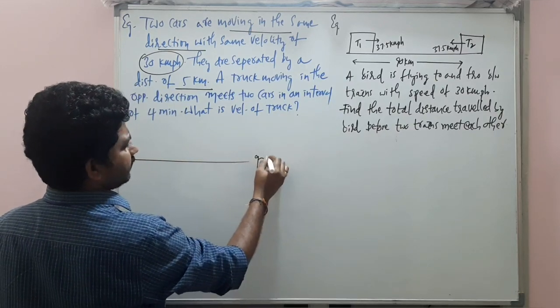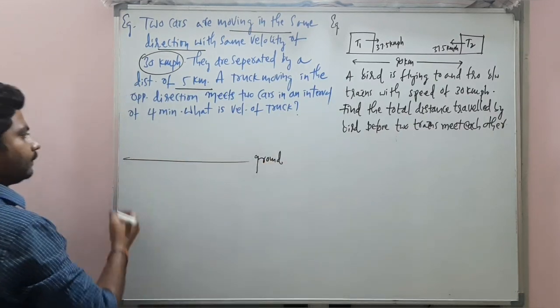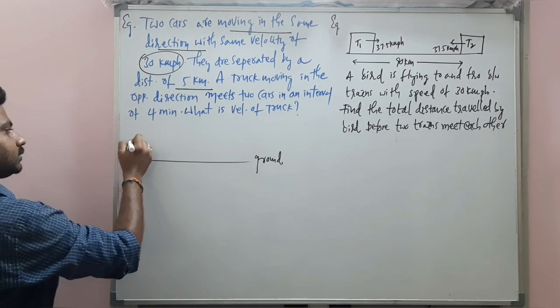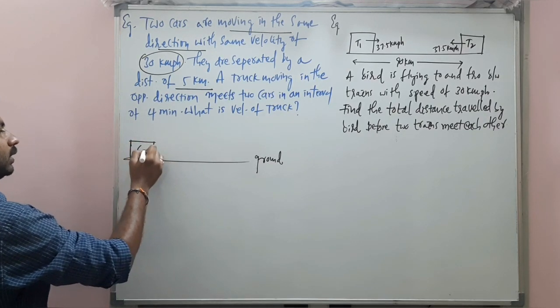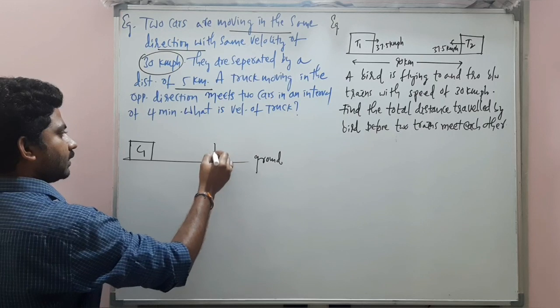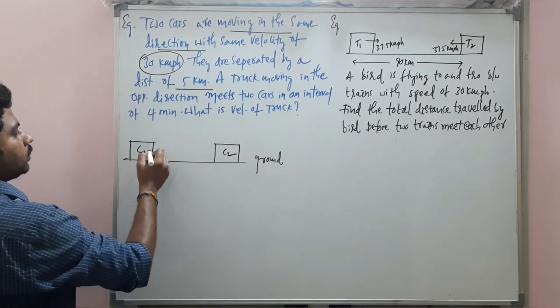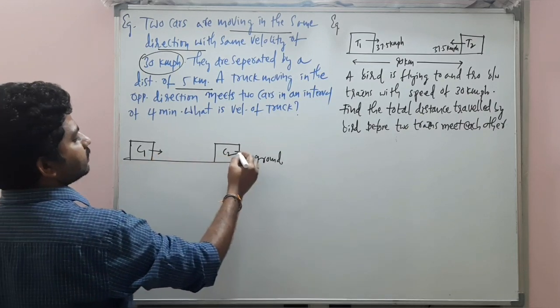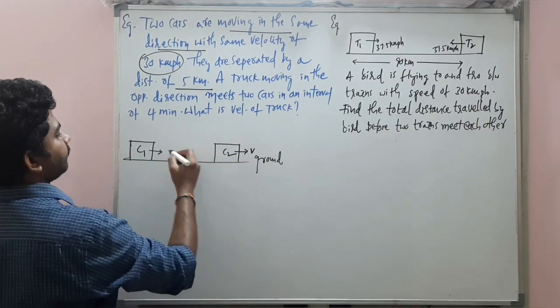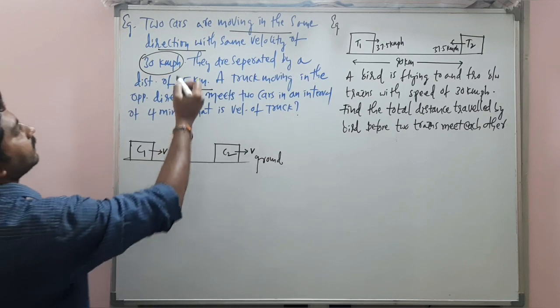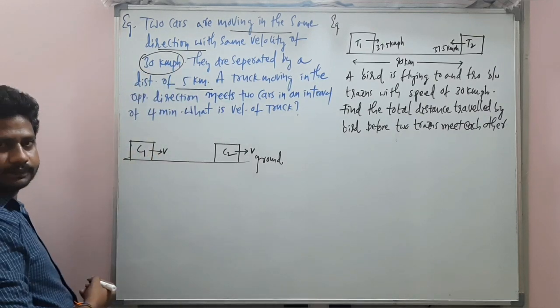So this is the track, the ground. Two cars. This is car 1. This is car 2. Both are moving with the same velocity. What is that? 30 kilometers per hour.